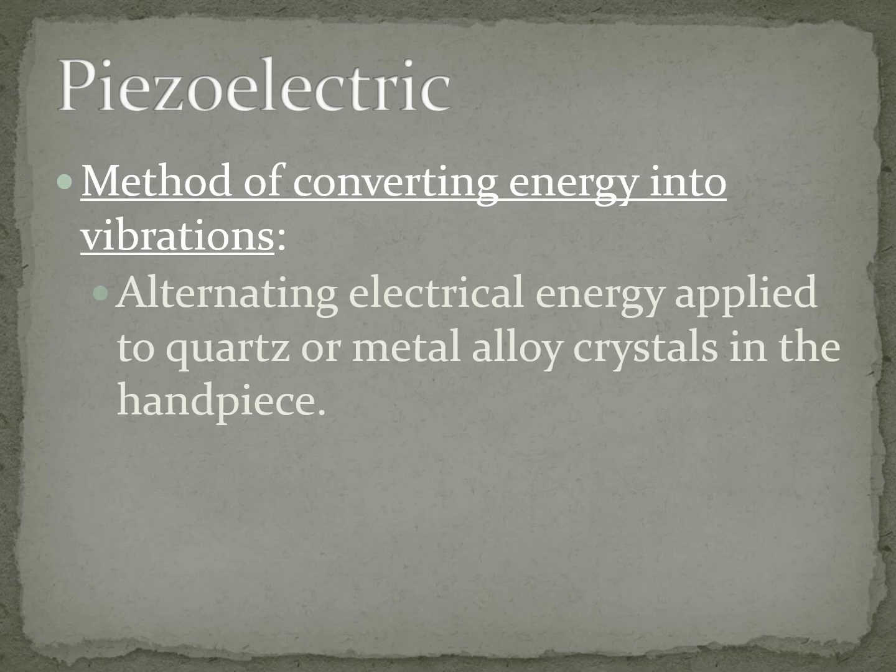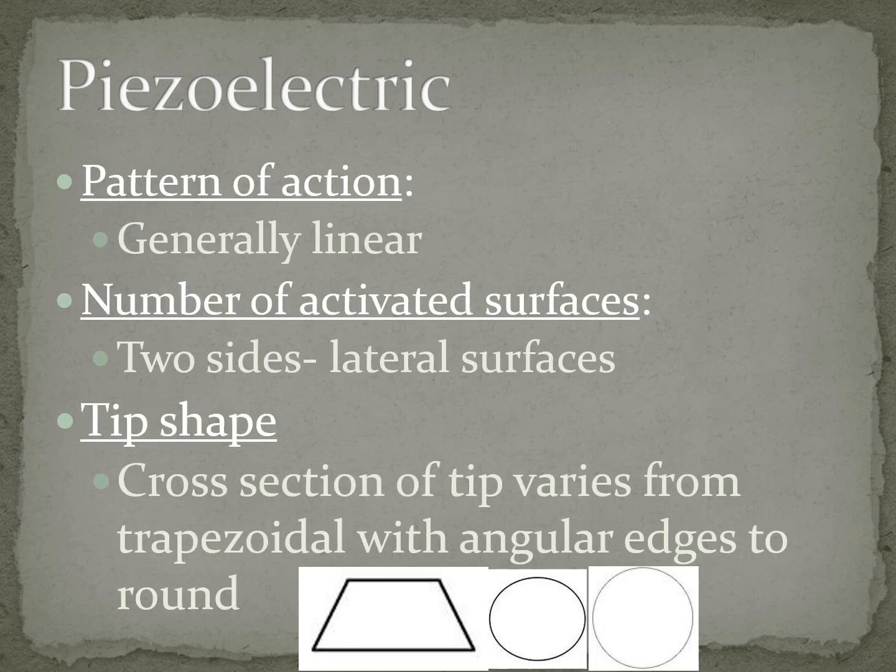So our magnetostrictives are going to use the magnets. Our piezos are going to use quartz or metal crystals. Okay. And again, those crystals are just going to change in size and shape. So the dimension of them is going to change. This rapid change is what's going to cause that tip to work.